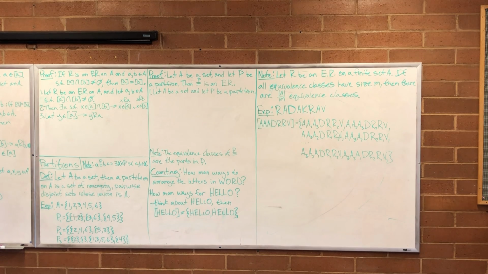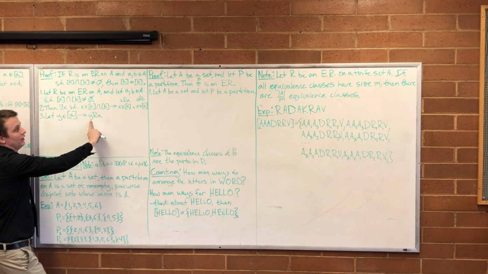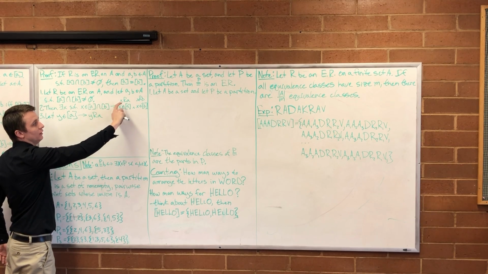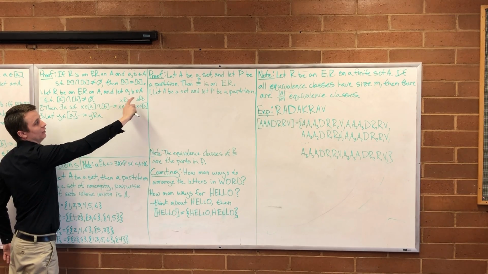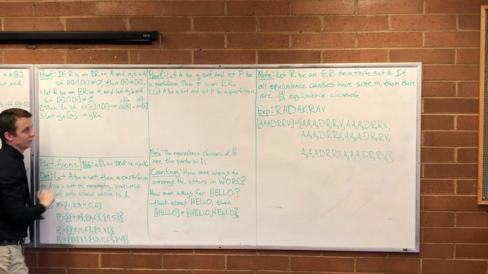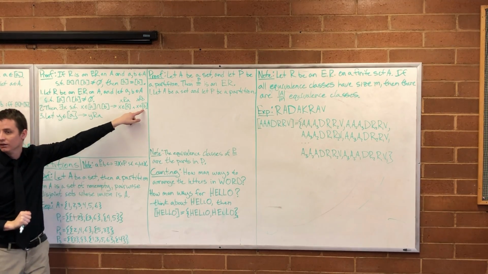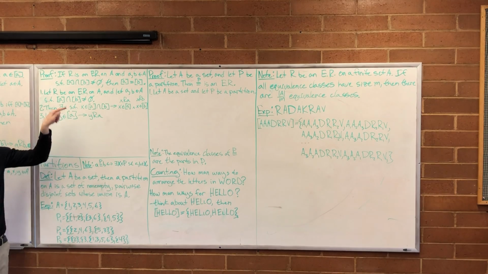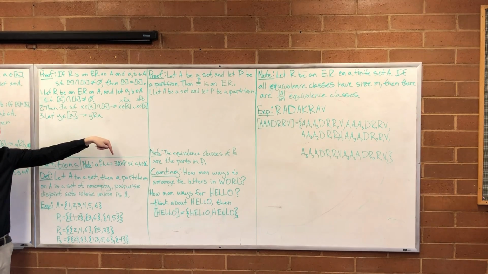x is going to be my bridging unit here. I'm going to eventually get y is related to x, x is related to b, therefore y is related to b, therefore y is in there. That's how I'm going to get y from here to y is in b's equivalence class.